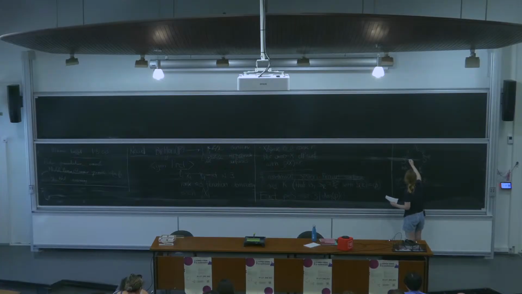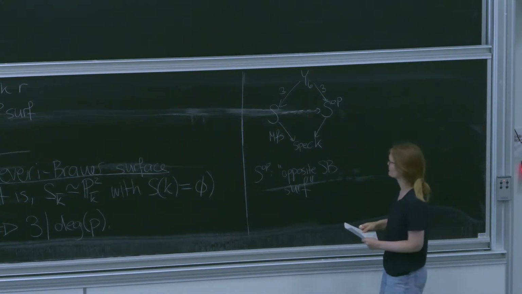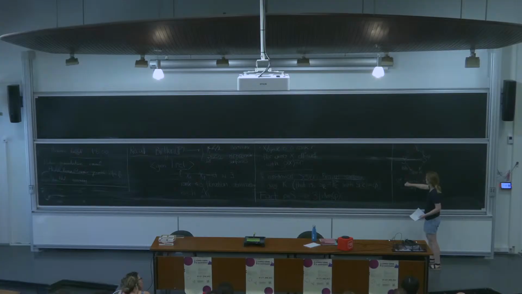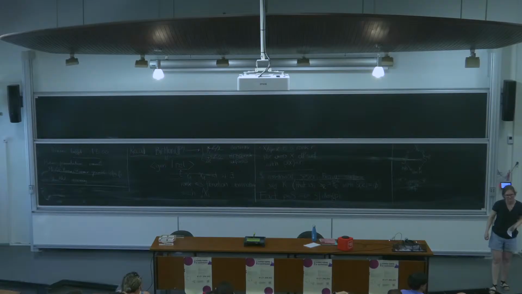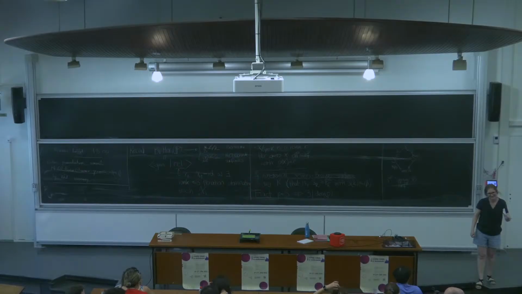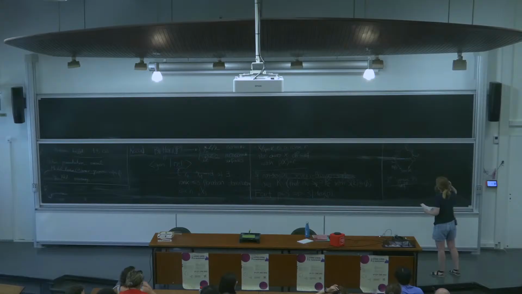Okay, and now this gives a birational map, and so this is a rank 2 fibration.